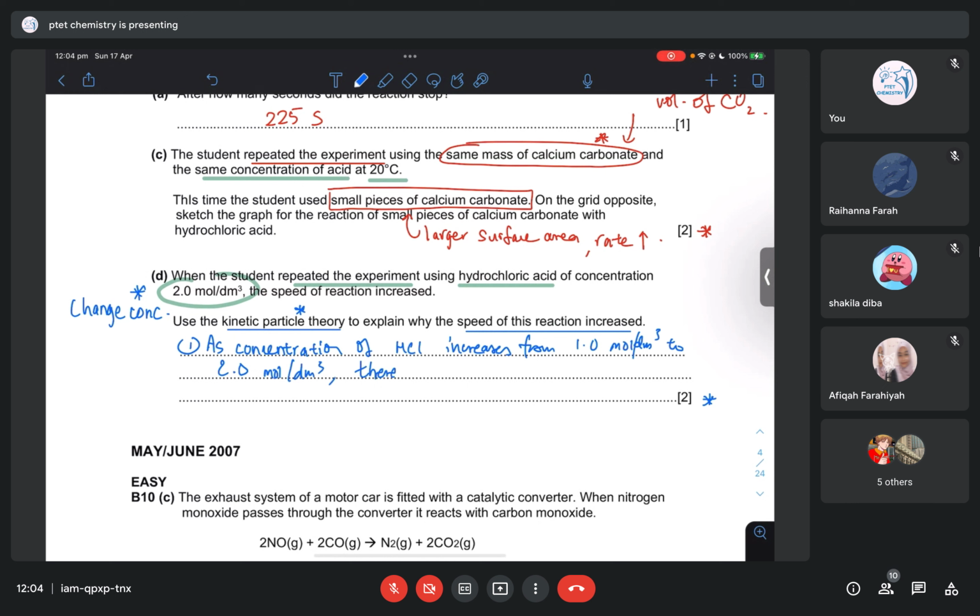We talk about a greater number of H plus particles per unit volume, if you follow the unit there, mole per dm cube. And if that is true, therefore, they collide more frequently with the other reacting particles, and then your rate is going to be higher.